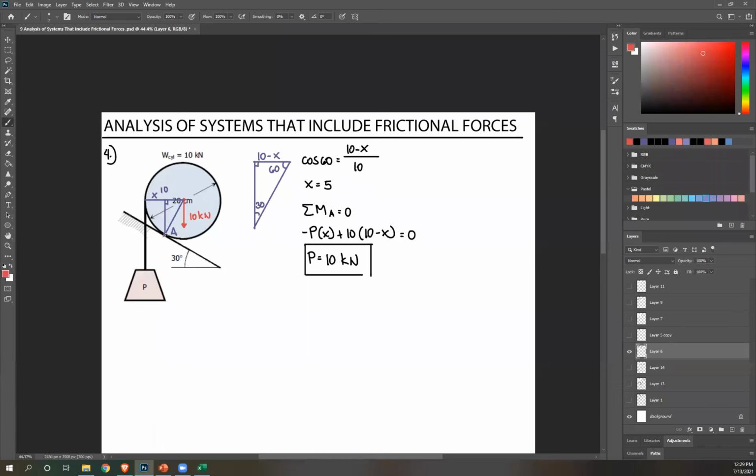Okay. So there's N here. This is impending motion. Even though it's impending motion, friction is still present. Tendency of the cylinders move here. So this is your friction.